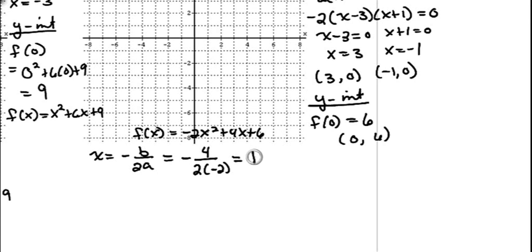Next, we want to take this 1 and plug it into our function, so we want to find f of 1. And again, I'm going to write the shell of my function down, so that's negative 2 times x squared, so I want a parenthesis squared, plus 4 times a parenthesis, because we have 4x, and then plus 6. And the value that we're putting into x is 1.